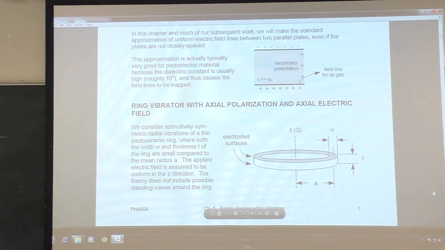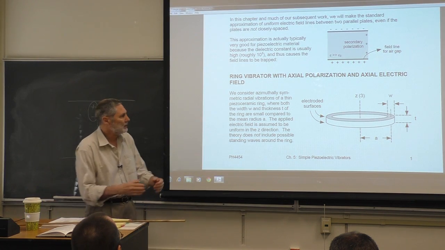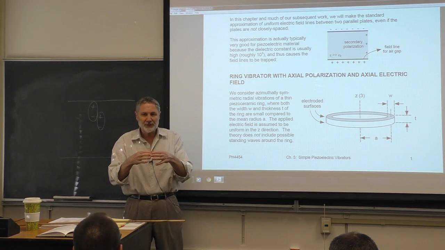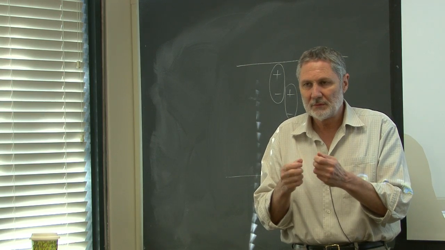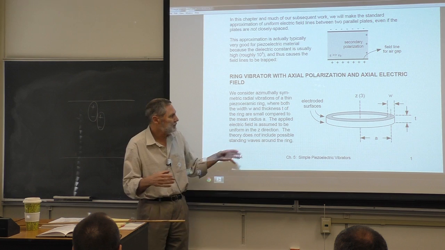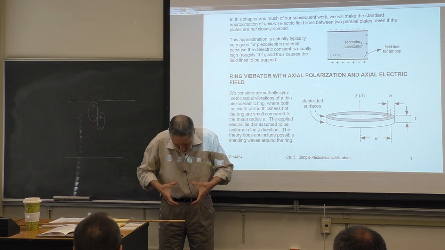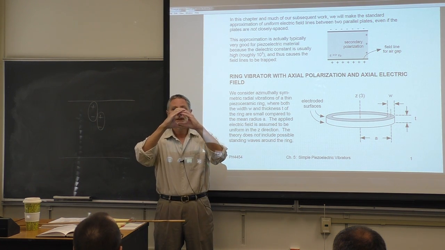And I want to make a point of this, and we'll talk about it more tomorrow. So what happens when you apply a voltage here? Well, the ring's going to strain, and as we'll see, the primary mode here is going to be that it's going to go like this. It's going to go like that.